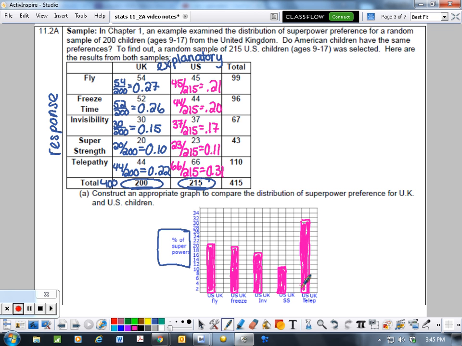Okay, now I'm going to go back to that blue color for the UK, so 0.27. So you can definitely tell there's a difference there. For freeze, 0.20. Oh, 0.26, sorry.